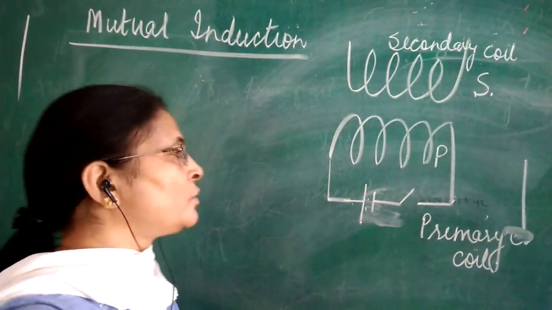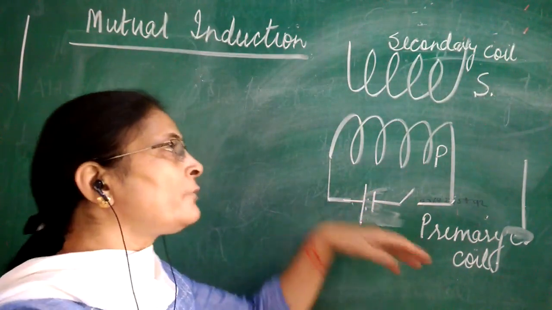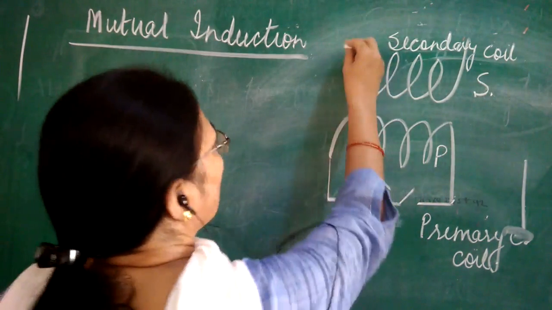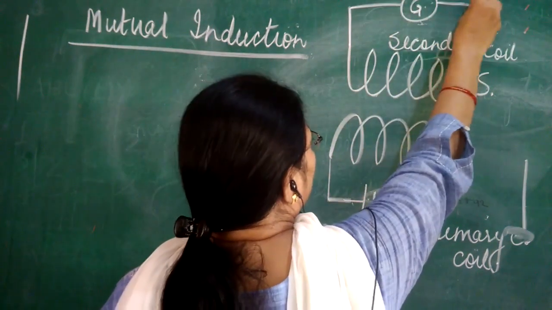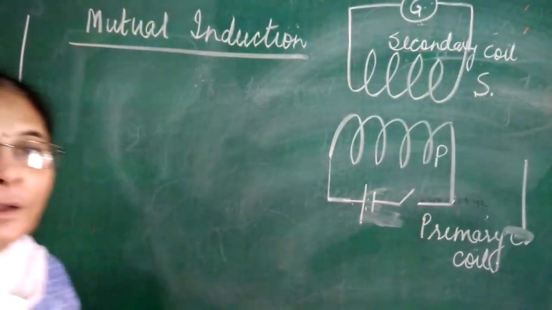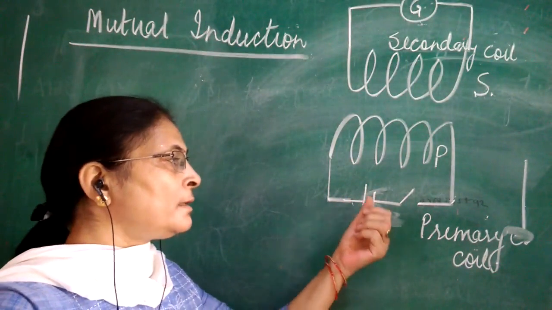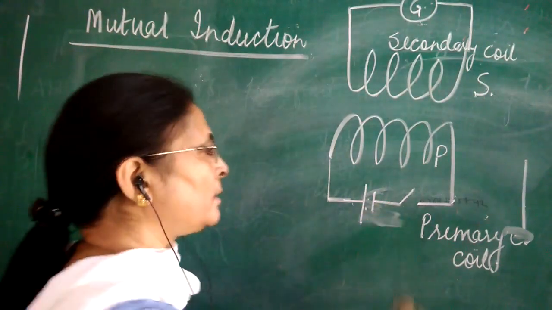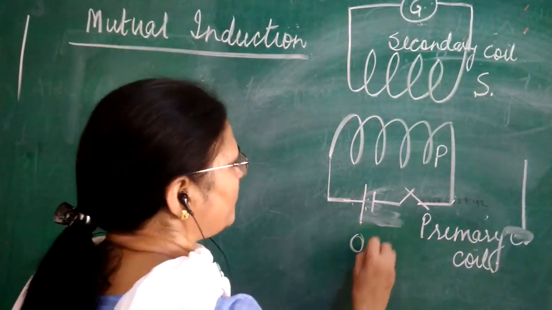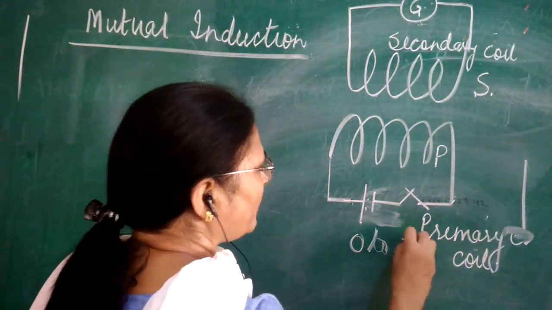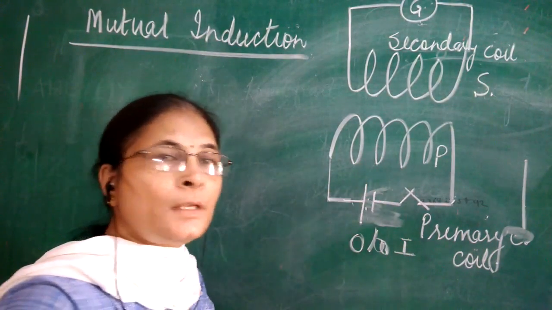To check how the change in current in the primary coil affects the secondary coil, we'll connect a galvanometer in the secondary coil. And as you already know, as soon as the current starts growing in the first circuit, if I close the switch, the current will increase from 0 to I. The magnetic field produced due to the current in the primary coil will increase.